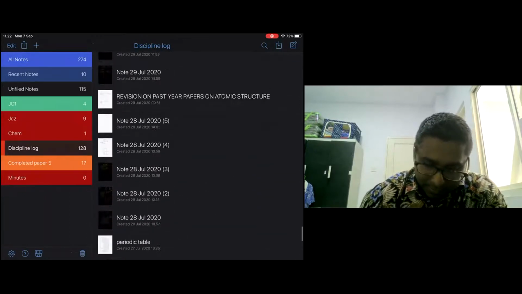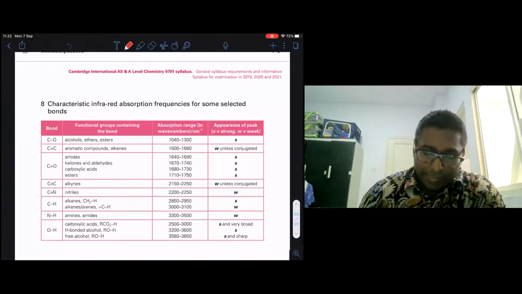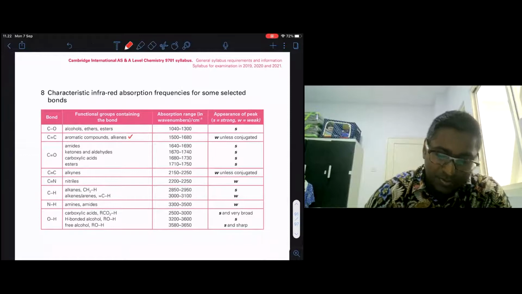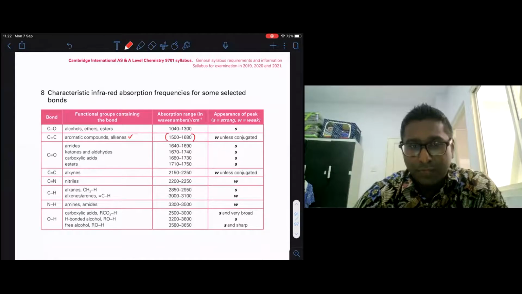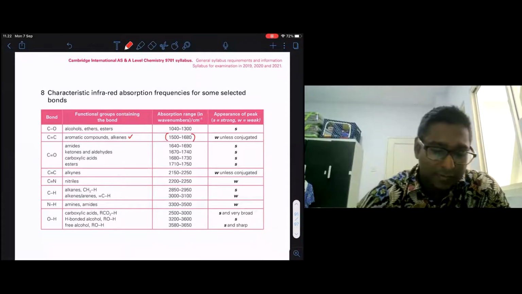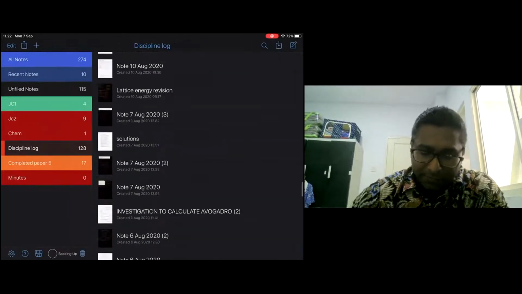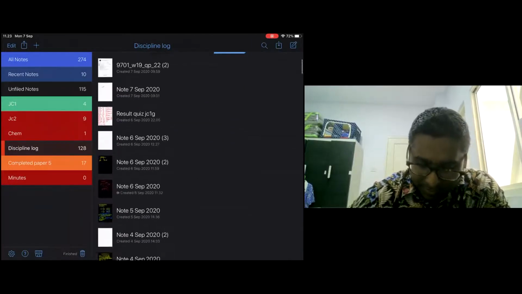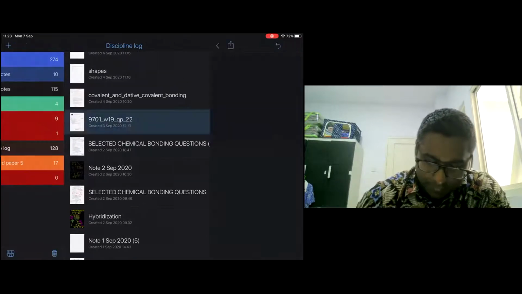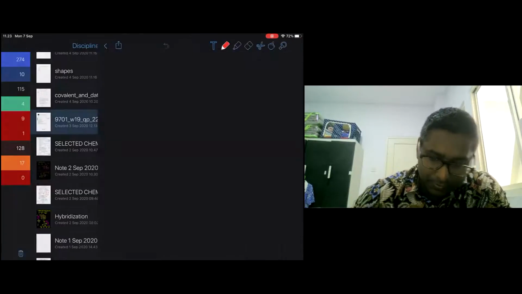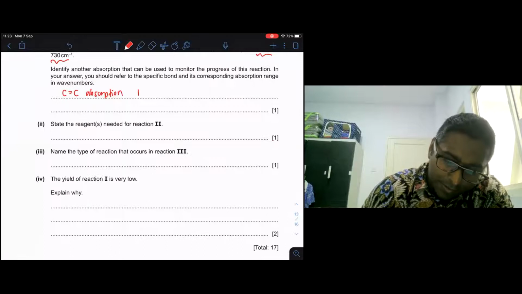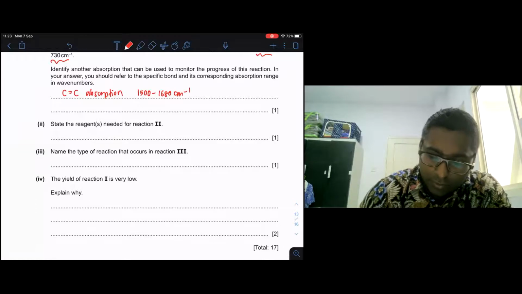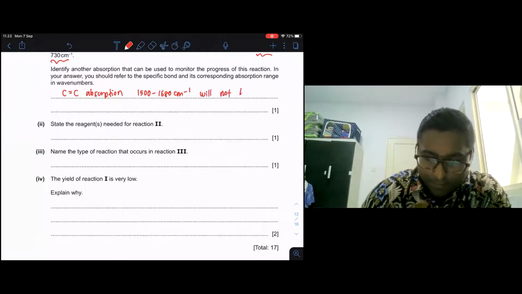The carbon-carbon double bond is going to go missing, so you need to put that this absorption range will disappear, 1,500 to 1,680 cm^-1 will not be there.